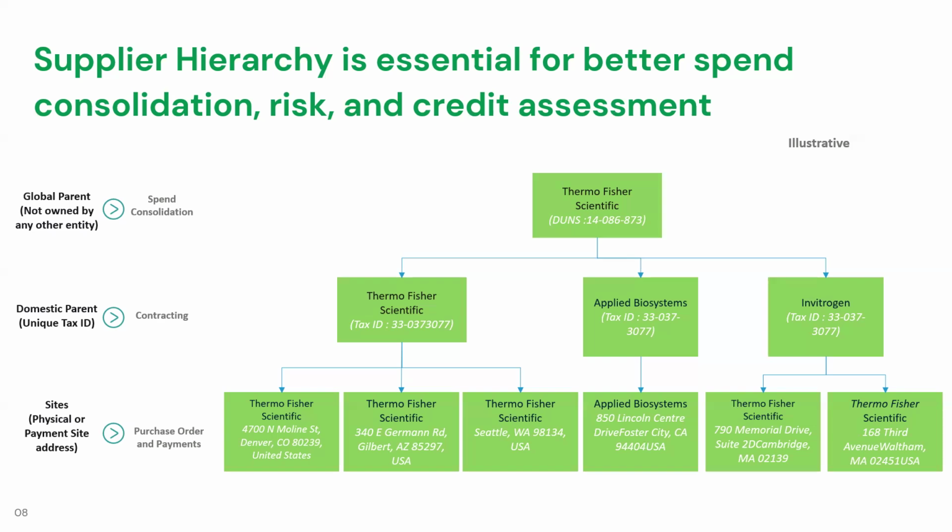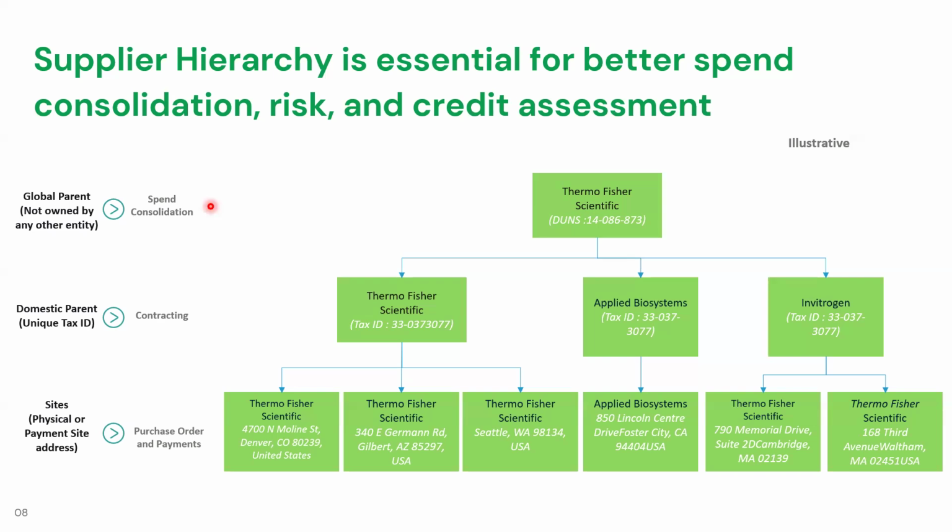If I'm a company and I want to see how much I'm spending, I may have multiple purchase orders across the different countries of Thermo Fisher or its subsidiaries. To understand how much I'm spending on Thermo Fisher, I need this particular level where I can report my spend. This is a very important level to have. In Dun and Bradstreet data, they call it the global ultimate parent.